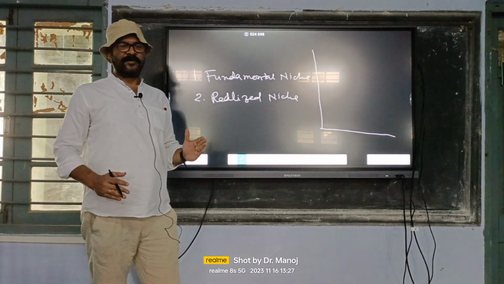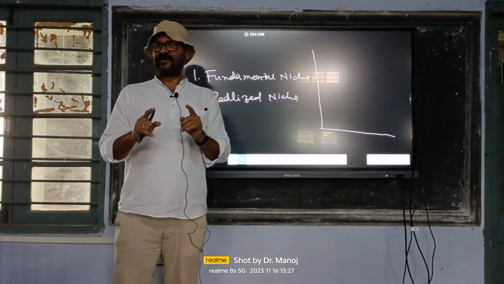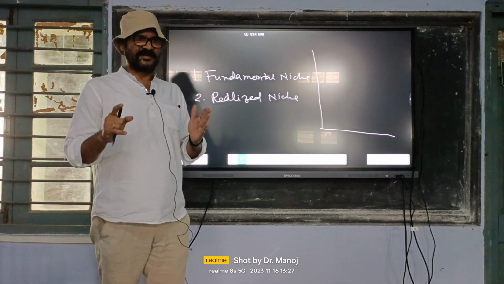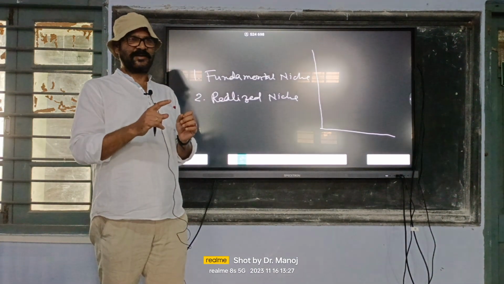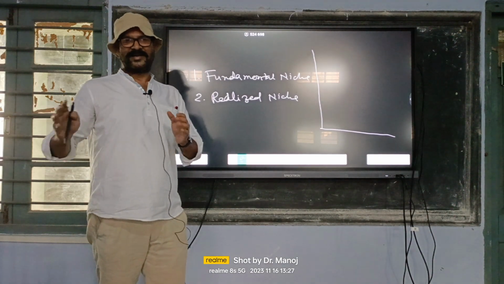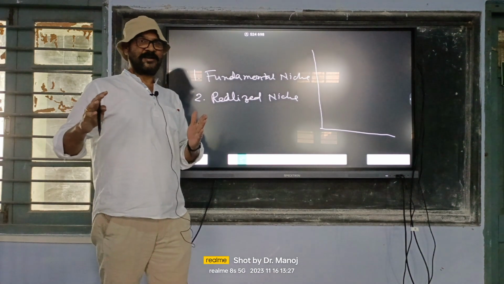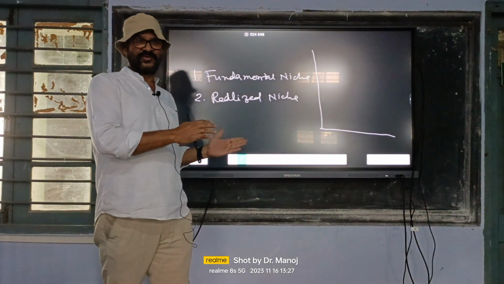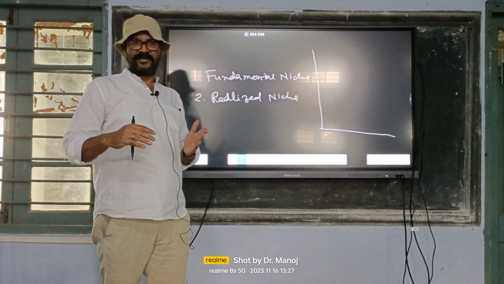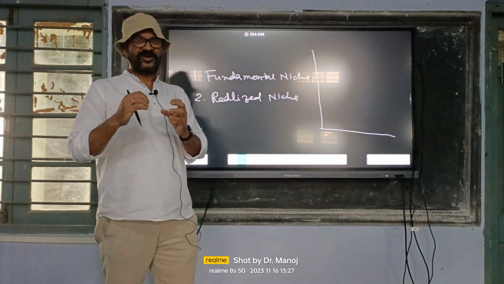For example, if I allow only one student to sit in this classroom, which has more than 10 desks and benches, that student will have the freedom to sit on any bench. That is the fundamental niche. But if I allow another 10 or 20 students to come inside, then his fundamental niche will be contracted, shrunk, reduced.